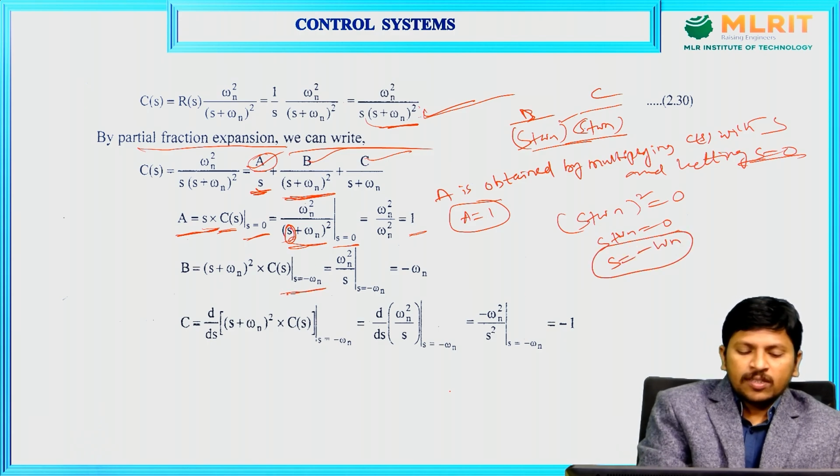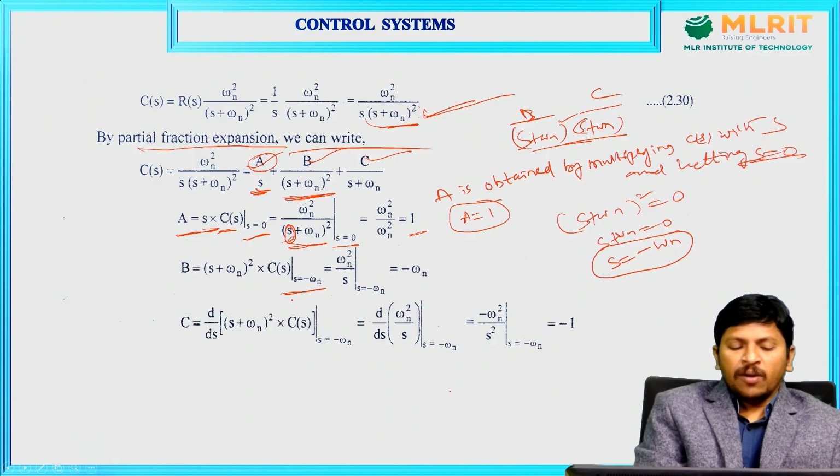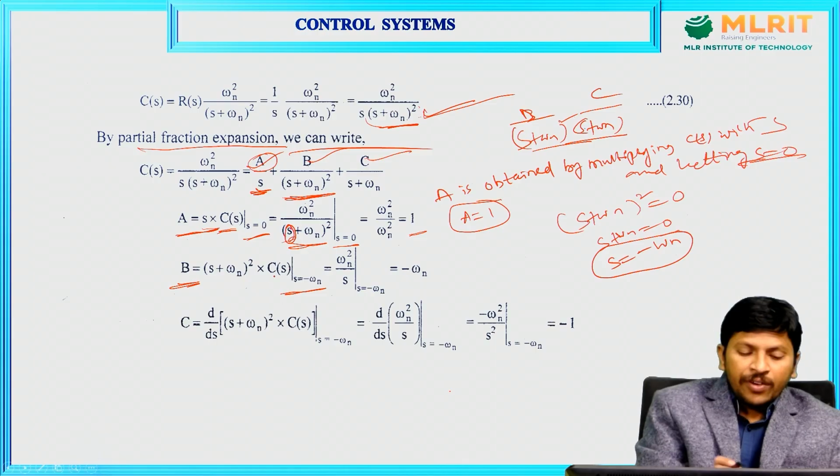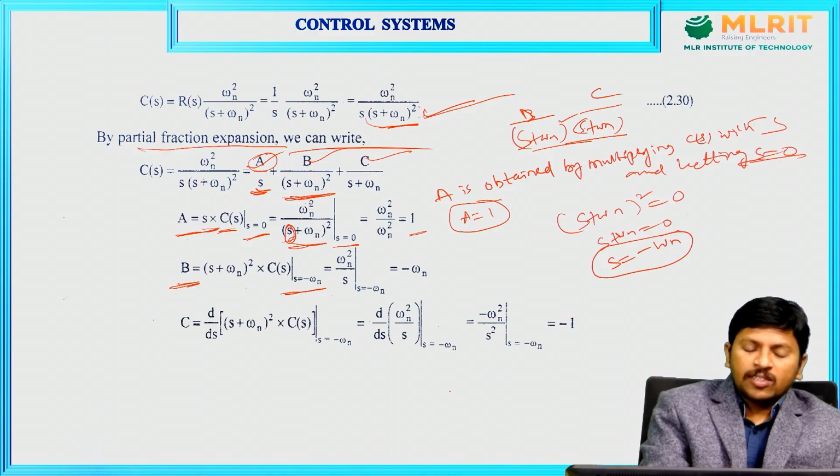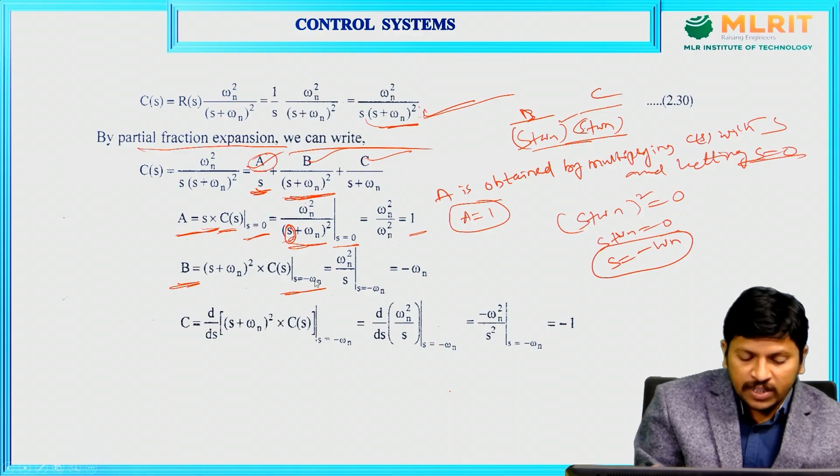So substitute s equals minus omega n for the calculation of the B value, and multiply by s plus omega n whole square. We already know that C of s is omega n square divided by s plus omega n whole square. Here the s plus omega n whole square terms are the same, so both get cancelled.